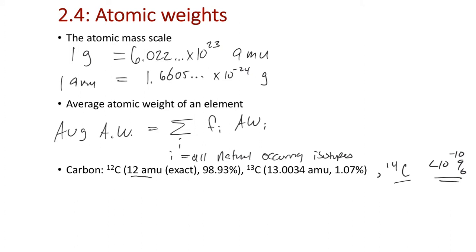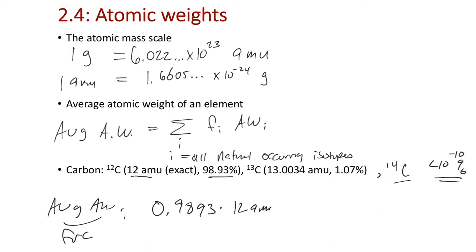So if we're calculating the average atomic weight for carbon, the way I would do this is I would take the percentage, but as a fraction. So I would take the fraction of the one isotope. Now, carbon is very peculiar in that this is an exact definition. The mass of carbon-12 is defined to be exactly 12 AMU.